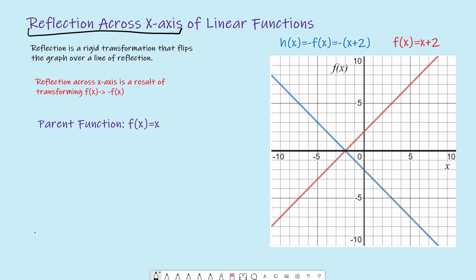Again, a reflection is a rigid transformation that flips the graph over a line of reflection. And in this case, the line of reflection is the x-axis that is highlighted here in black.